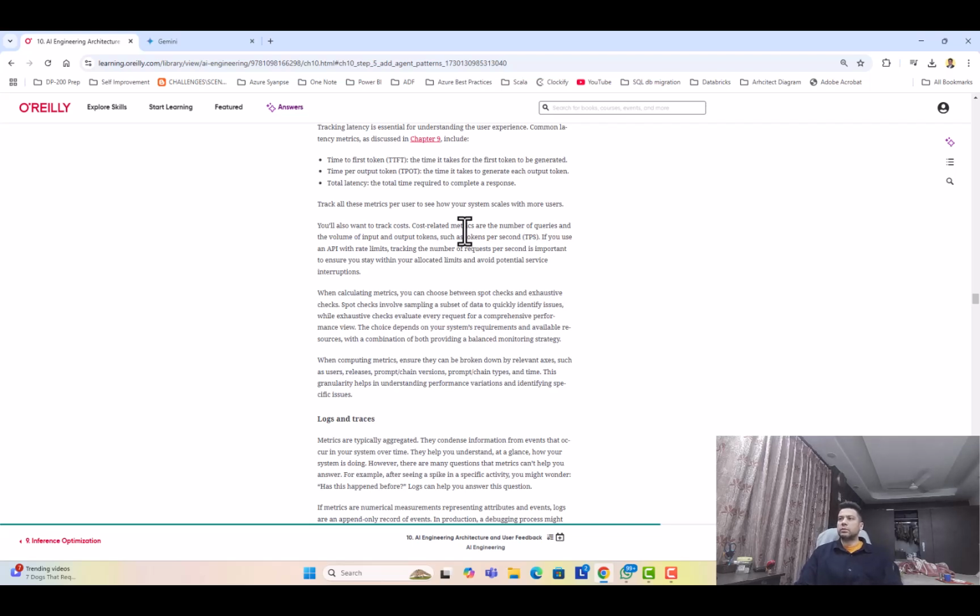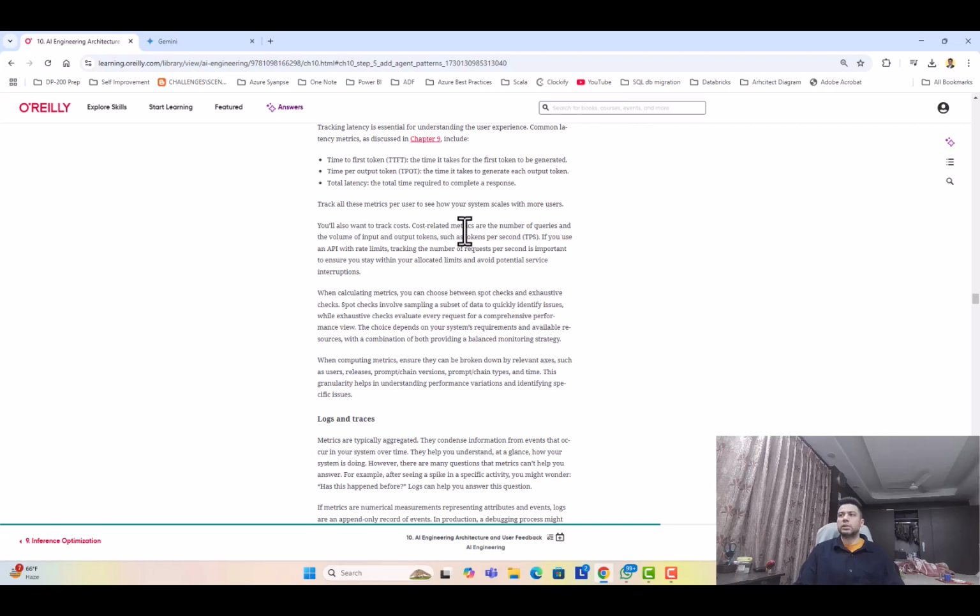If you use an API with rate limits, tracking the number of requests per second is important to ensure that you stay within your allocated limits and avoid potential service interruptions.